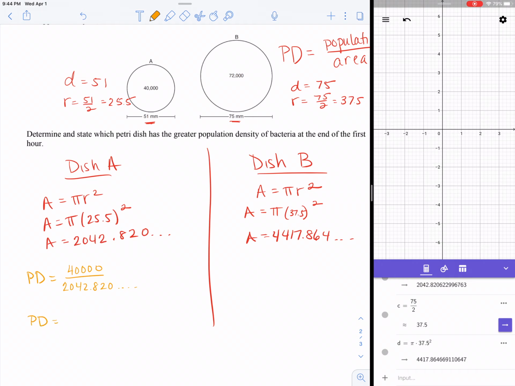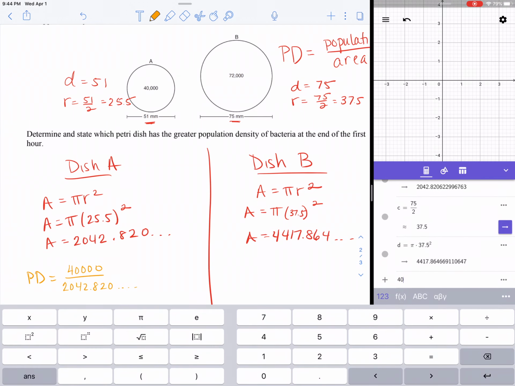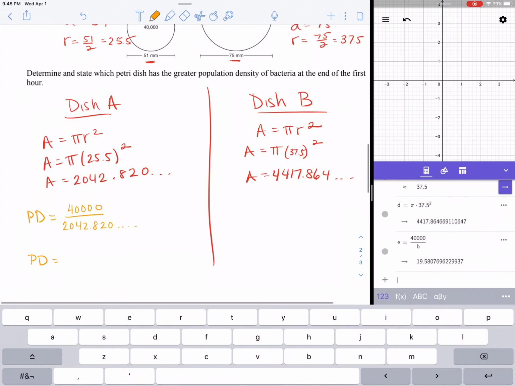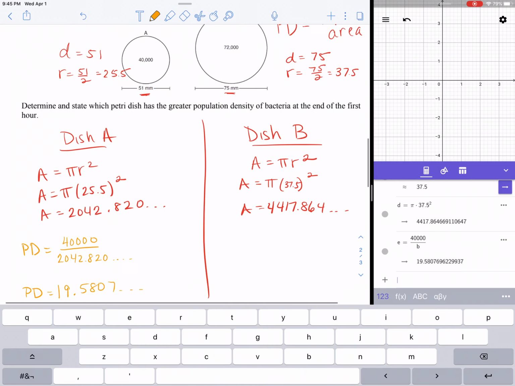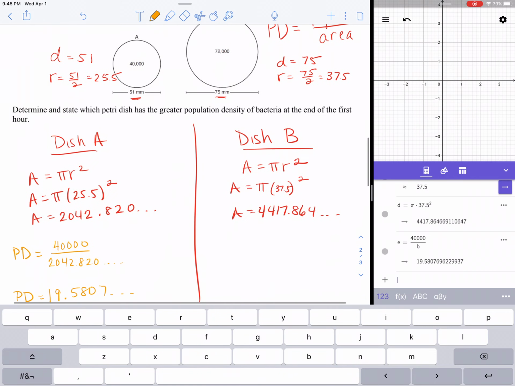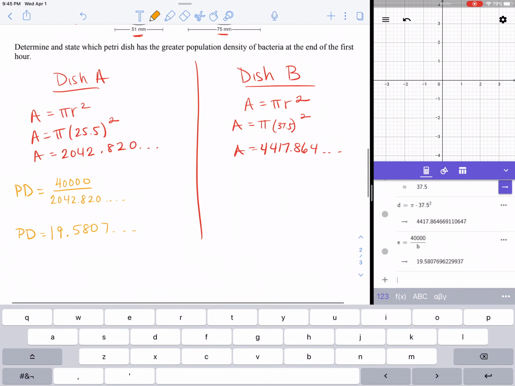So in the calculator, that 2,000 number was assigned the letter B. So I could put 40,000 divided by B, and I get for the population density 19.5807. Did they tell us to round it to anything? No, just determine and state which one has the greater. So I'll leave it like that.